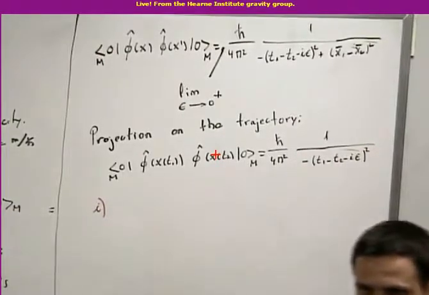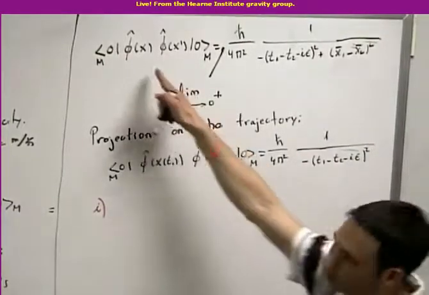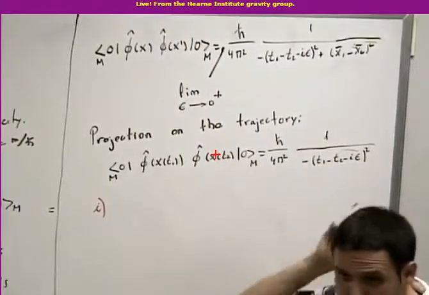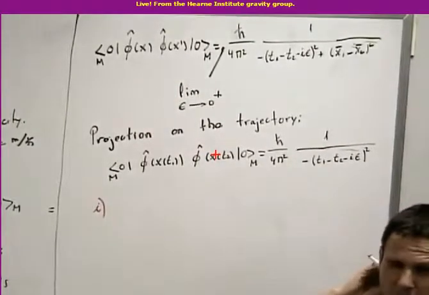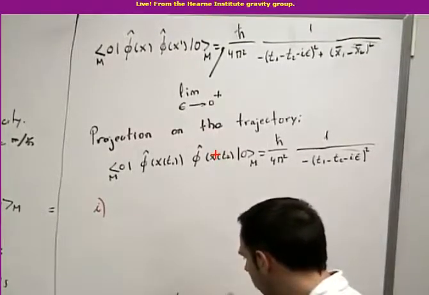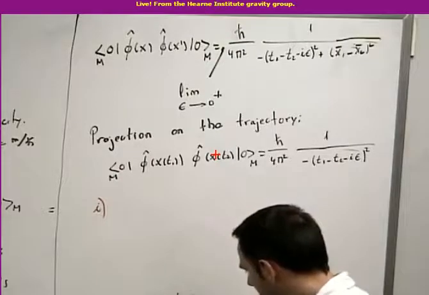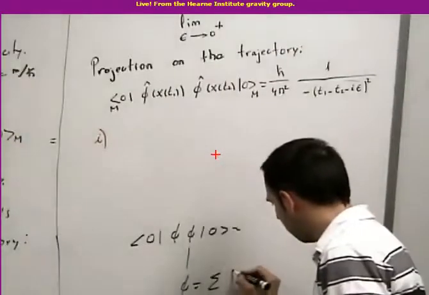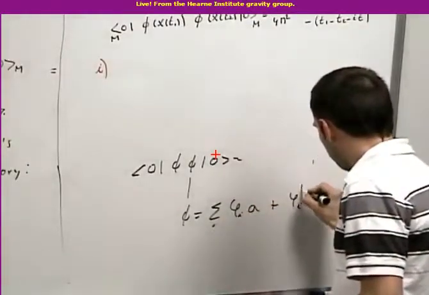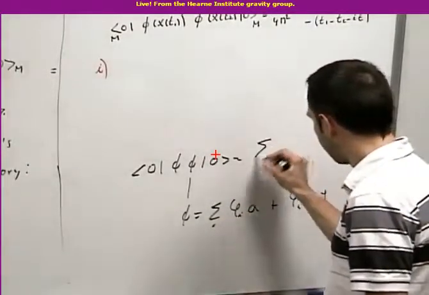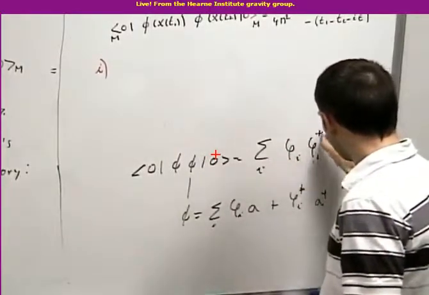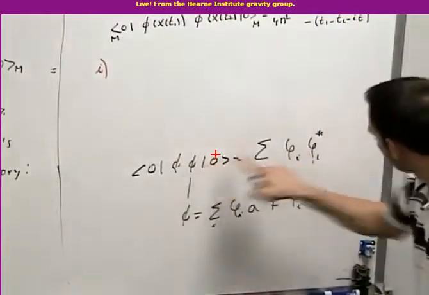Where does that first equation come from? This is the two-point function in Minkowski spacetime, so I think I wrote it in chapter 2 for the massive case. So the two-point function of any field, you just decompose the field as a sum of modes, a plus conjugated a dagger, and if you do the math, this is just this mode evaluated at this point, and this one evaluated at this point.